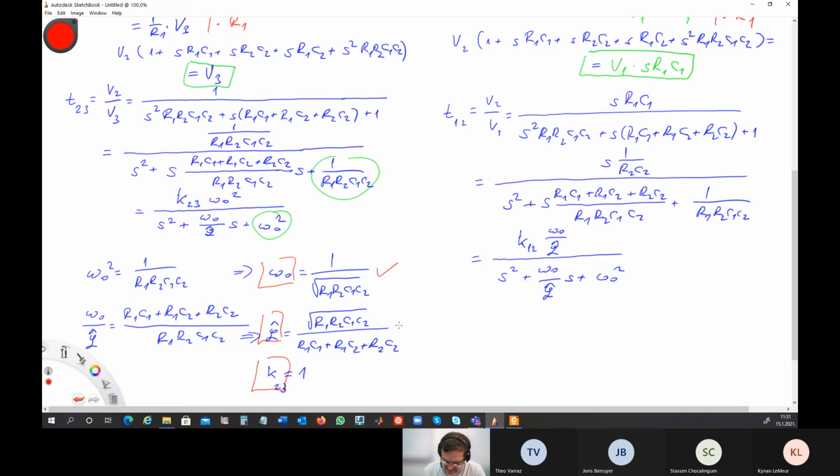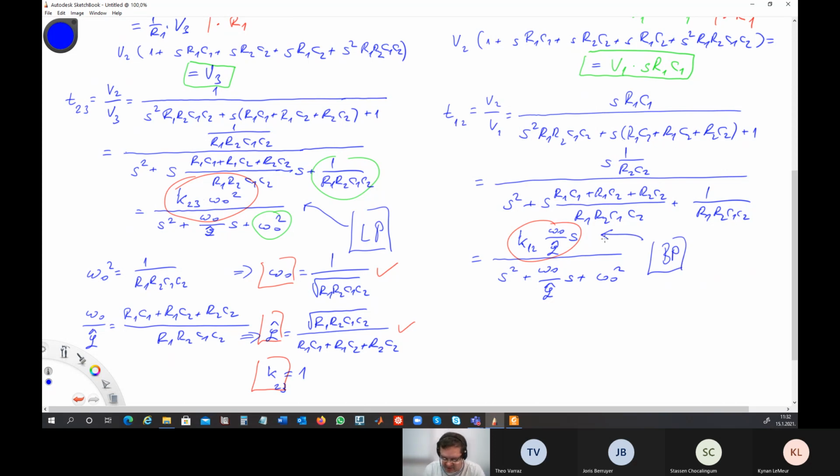Omega 0 is the same, Q is the same, only a small difference in the numerator. So here is this in the numerator and here is that in the numerator. Here is one very important thing missing, which multiplies S. And now we can say, aha, on the left side, we have a low pass network. This is low pass character. The denominators are equal, but in the numerator, we have a low pass network. Here we have a bandpass network in the numerator.